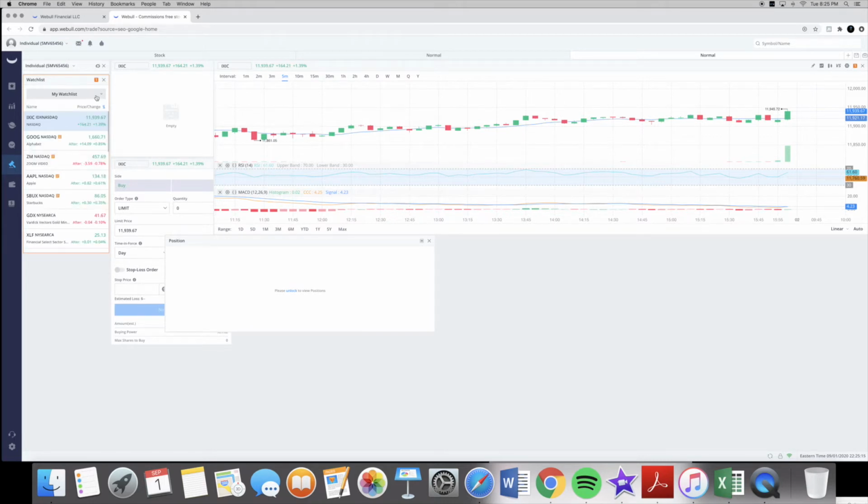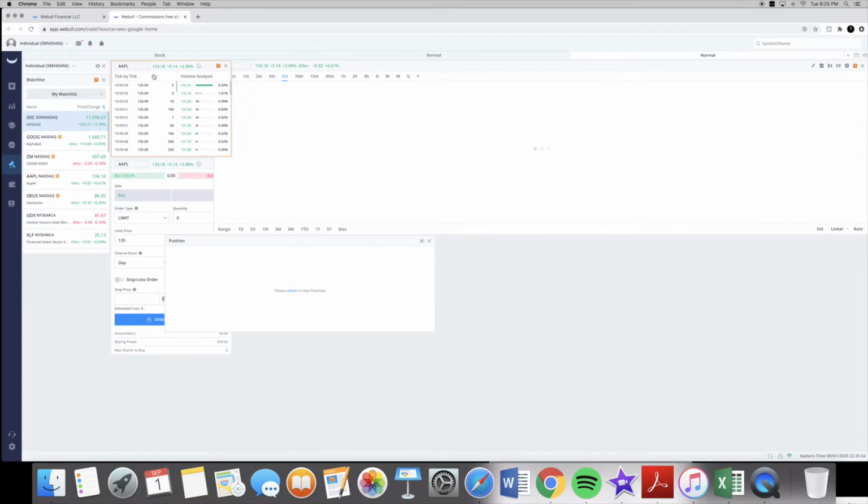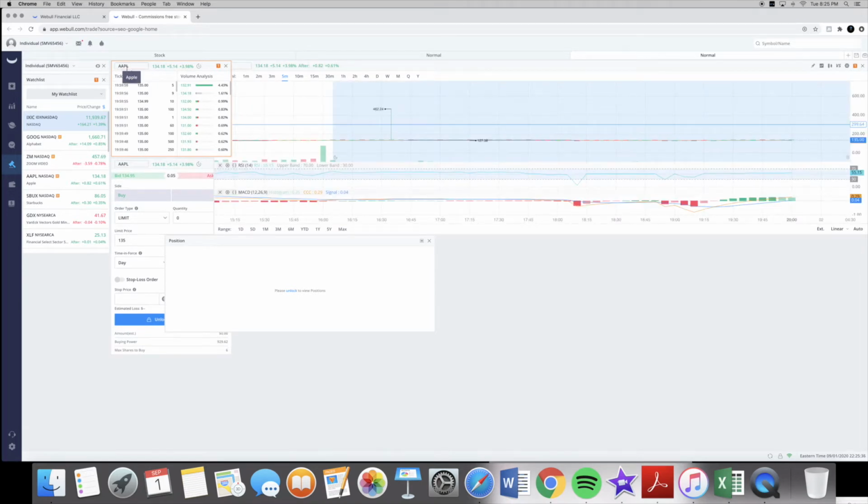All right, so let's go to the basics. What's the stock ticker? People can say stock symbol, but a lot of people will say stock ticker. It's these right here. For example, if we go to Apple, the stock ticker for Apple is AAPL.